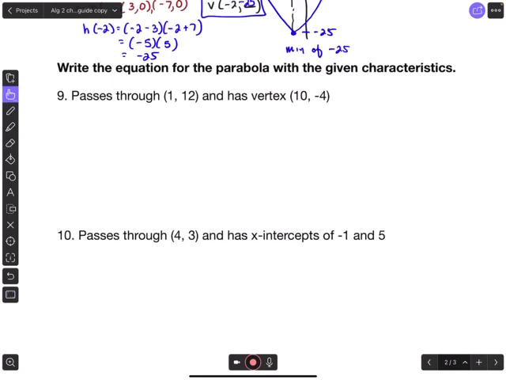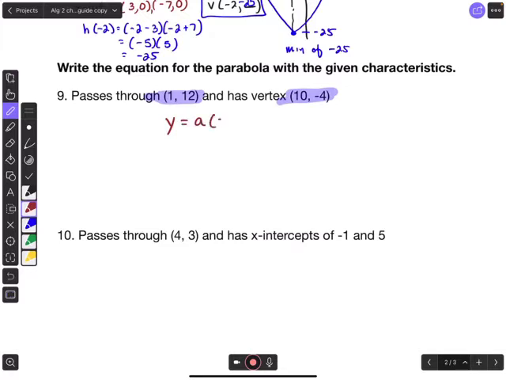Here are our last 2 types of problems. Write the equation for the parabola, given some information. In this case, they gave us a random point that it goes through, but they told us the vertex. Man, if you tell me the vertex of a parabola, I automatically go to vertex form. Remember, the vertex is h and k.